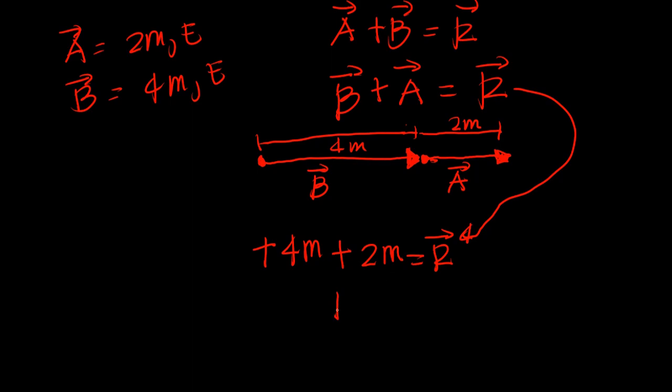So 4 plus 2, we will have 6 meters, positive 6 meters. That is your resultant vector R. Again, because we are talking about a vector, our answer should have both magnitude and direction. So let's convert this positive into a direction. You have here 6 meters east, and this is your resultant vector.